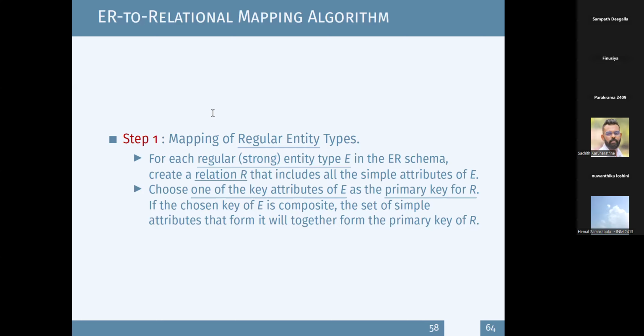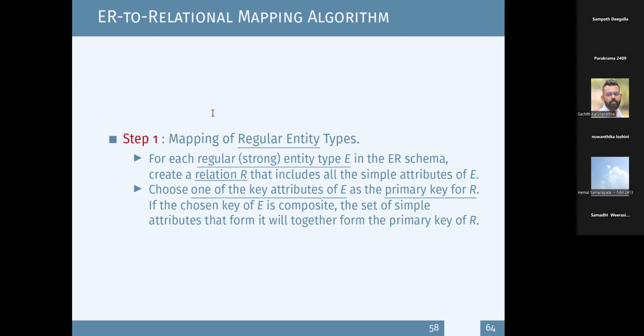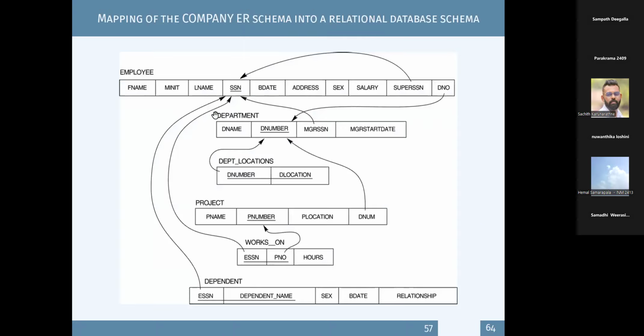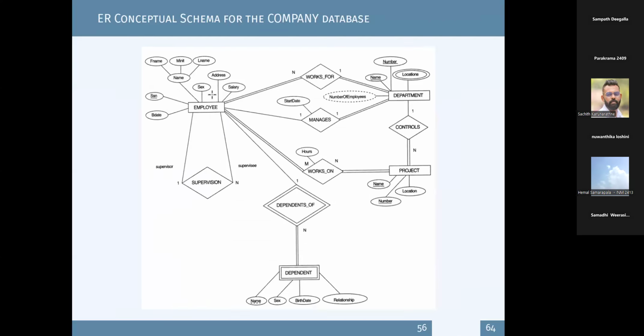So you select one of the key attributes as a primary key, and usually we underline it, and that is how we are going to represent it. So going back to my mapping, you can notice here we have first name, middle initial, last name, social security number. Actually, this is the key attribute we have, and we will consider this as a primary key because this is the only one we had. So up to this point, it's actually coming from the simple attributes.